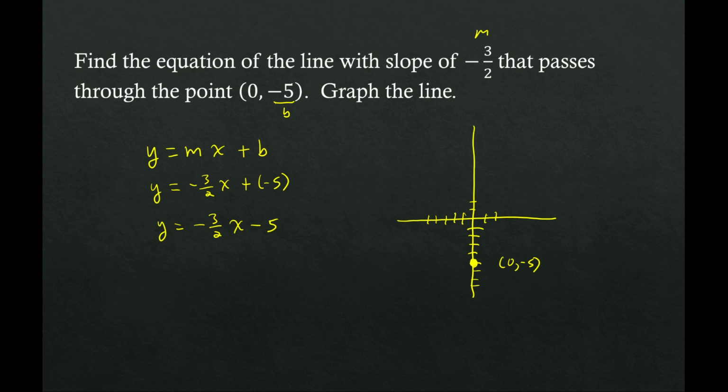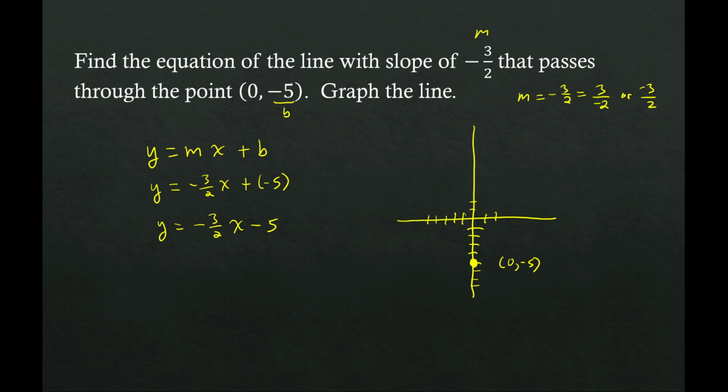Making use of our idea that the slope, -3/2, is the rise over the run, you can think about this as 3 over -2 or -3 over +2.